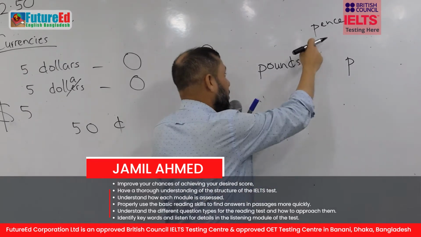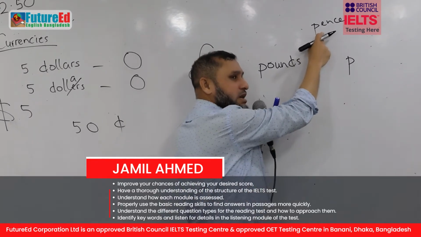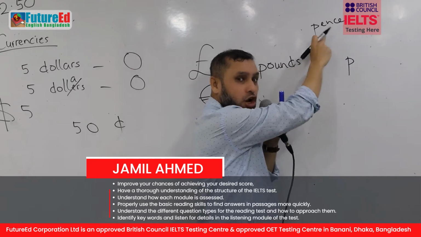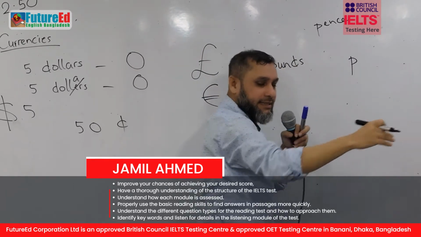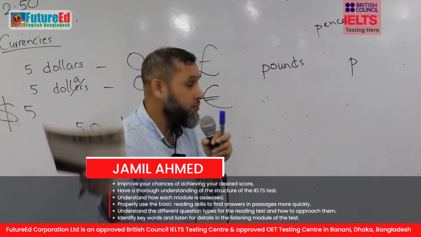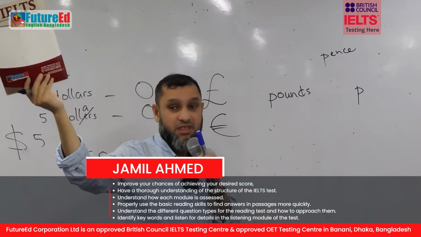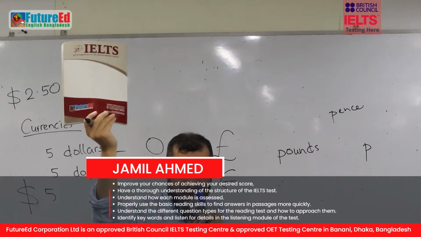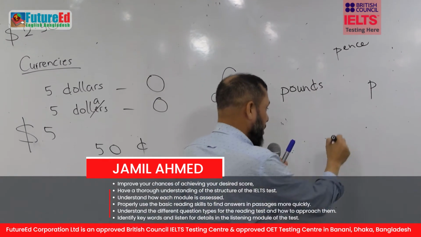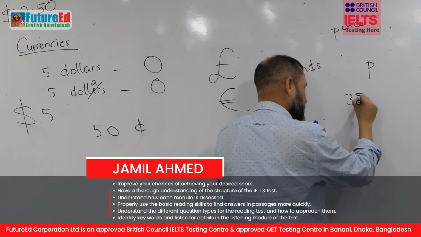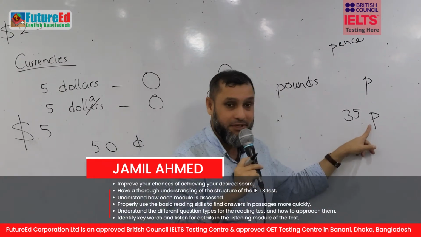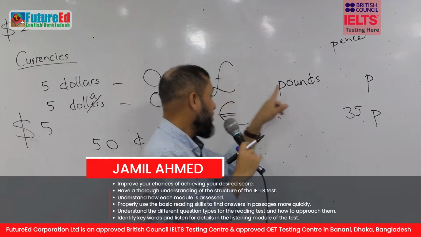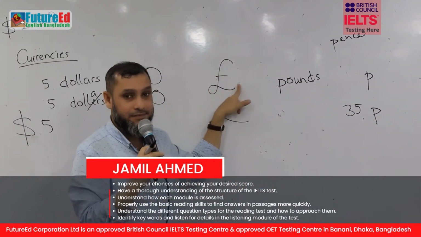Okay, so if the number involves just a fraction, no whole number, the symbol sits after the number. Let's say this book costs you 35 pence. So how do you write that? 35p. Make sure it's small letter p, not capital. This one should be capitalized.